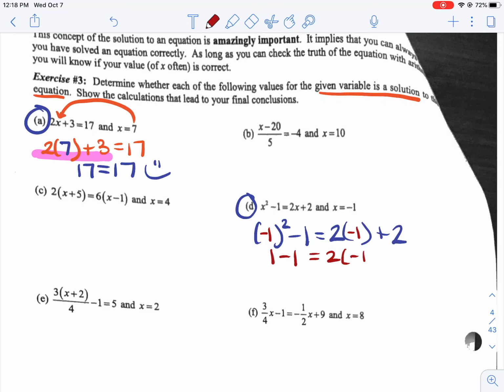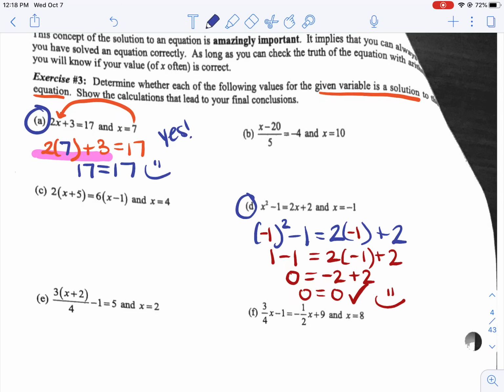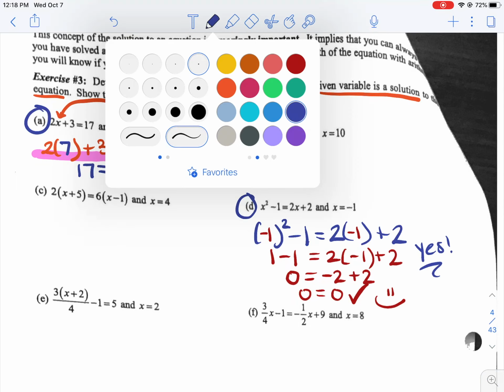PEMDAS rules, I'm first going to deal with my exponents. Now let's evaluate. 0 equals -2 plus 2. So 0 equals 0. So that is also true. One little thing I should fix is we should say yes here and yes here.